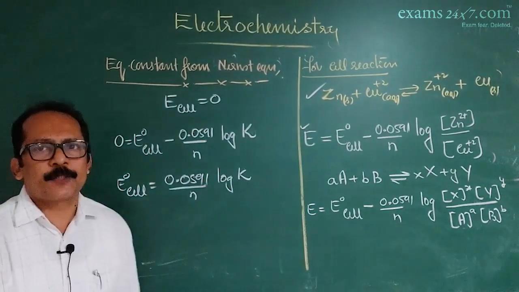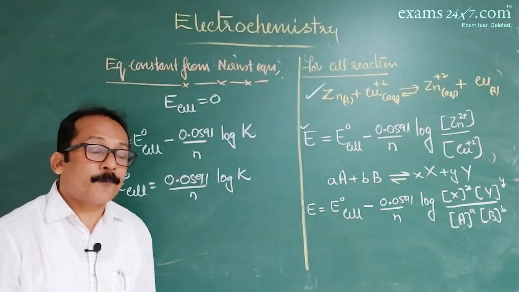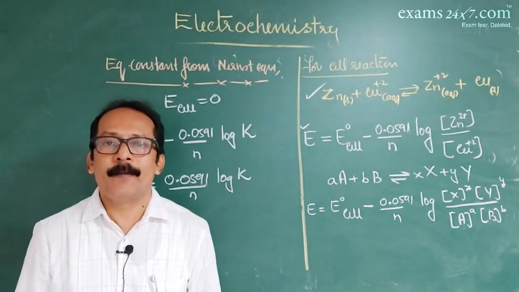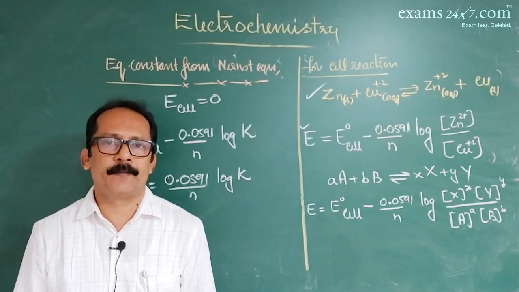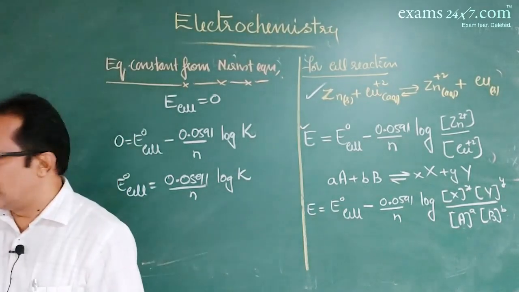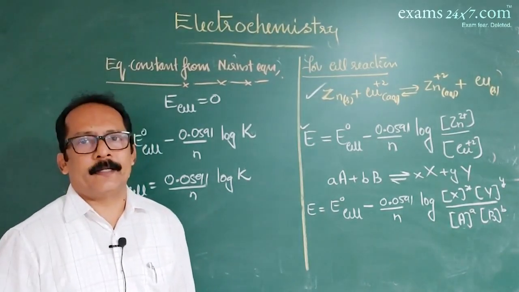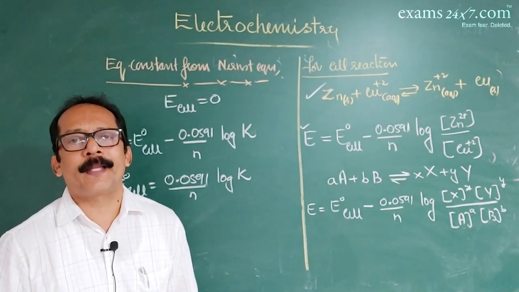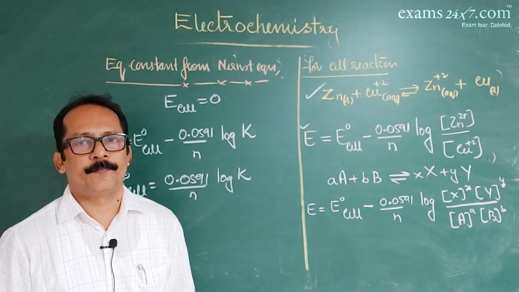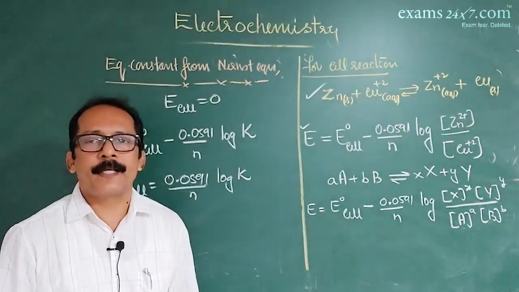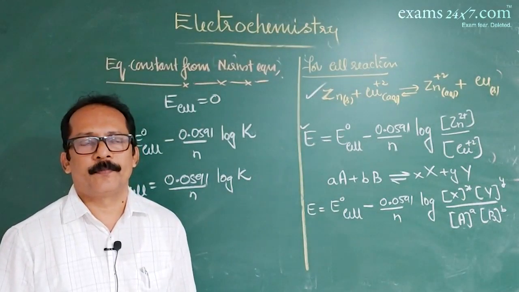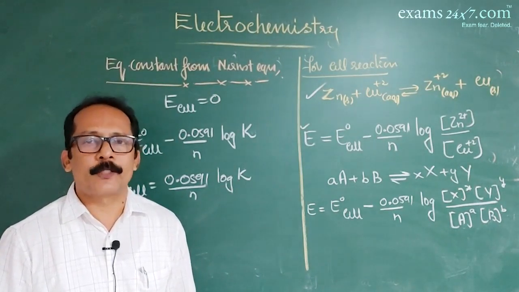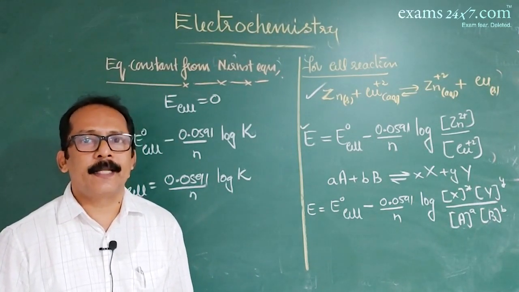Next, about the relation between standard free energy change and EMF. In a galvanic cell, the reaction takes place spontaneously, so delta G naught is negative. So the work done is equal to minus delta G naught.